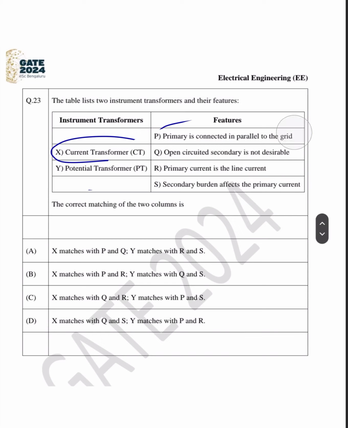Okay. If you are thorough with this, then you can directly pick the options. Now look at this. A CT is always short circuited in the secondary, because a high magnetic field will be induced and then the current transformer will burst.